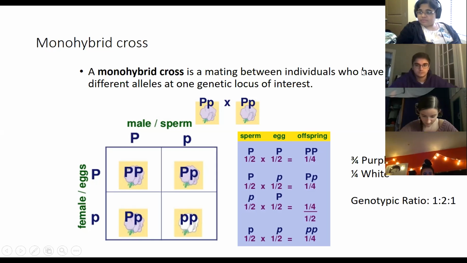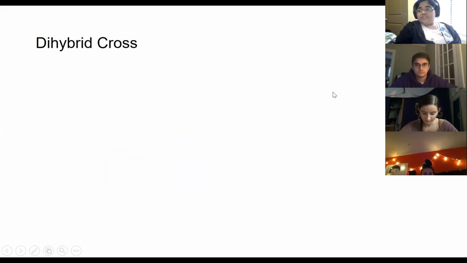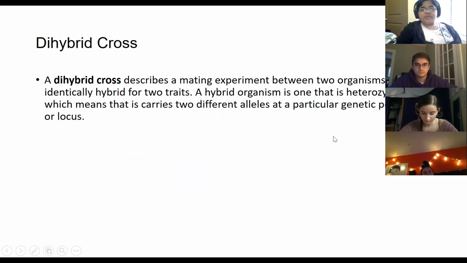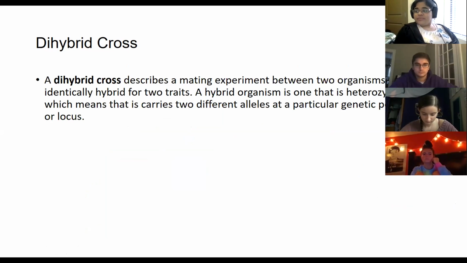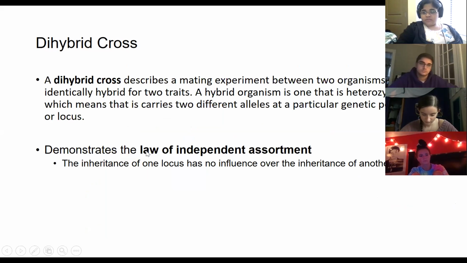Are we okay? Okay. So now we have dihybrid crosses. Dihybrid crosses are essentially looking at two traits instead of one. Okay, so mono versus di. So we go with two traits.